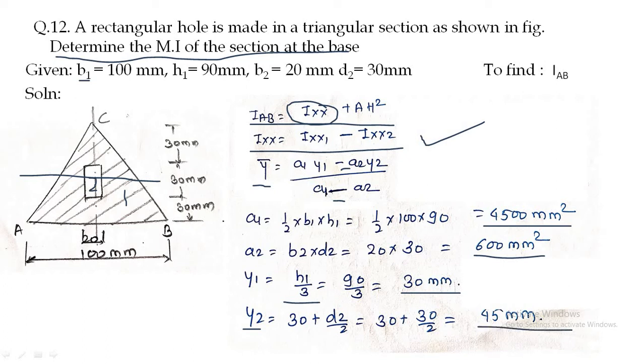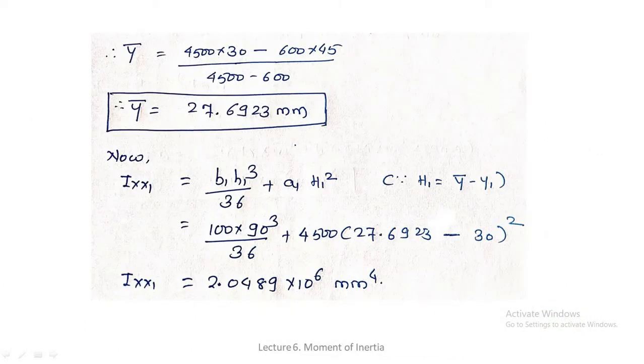So now we have A1, A2, y1 and y2. Using all these terms and putting those values in this formula, we can get the value of y bar. So y bar is equal to 4500 into 30 minus 600 into 45, upon 4500 minus 600.